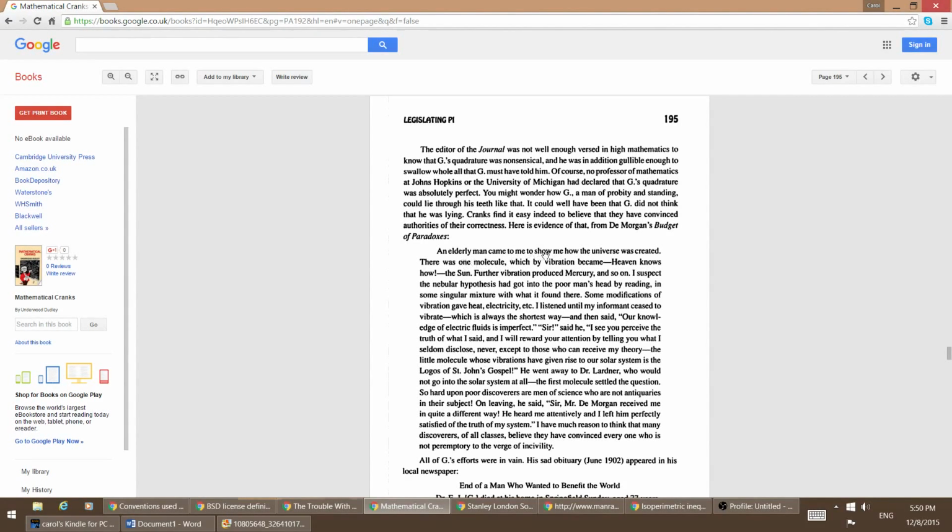"An elderly man came to me to show me how the universe was created. There was one molecule, which by vibration became, heaven knows how, the sun. Further vibration produced Mercury, and so on. I suspect the nebular hypothesis had got into the poor man's head by reading, in some singular mixture with what it had found there.